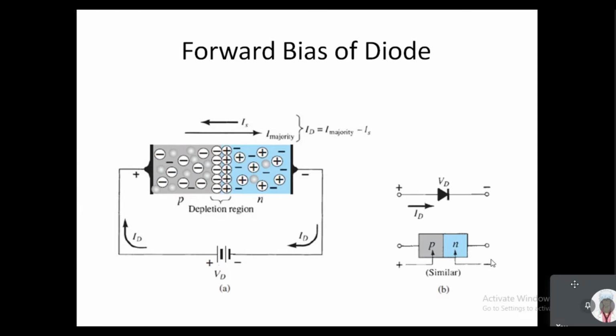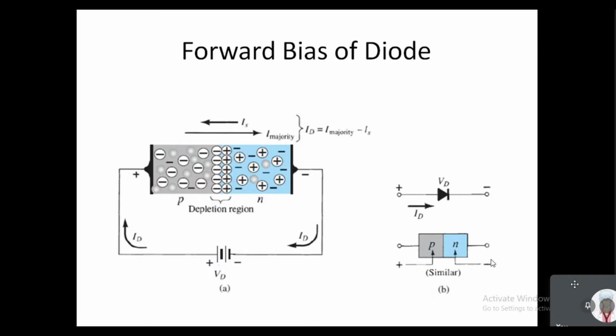Under this biasing, the majority charges, that is the holes on the P side, can easily go into the N side, and the electrons on the N side can easily go into the P side. So we are talking about the movement of the majority charges.